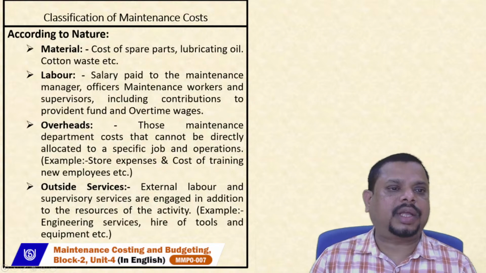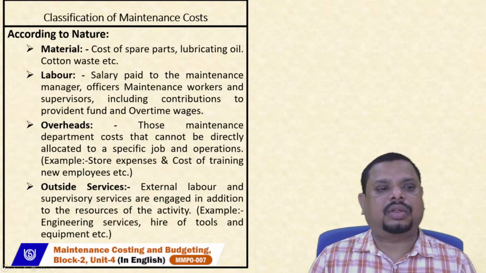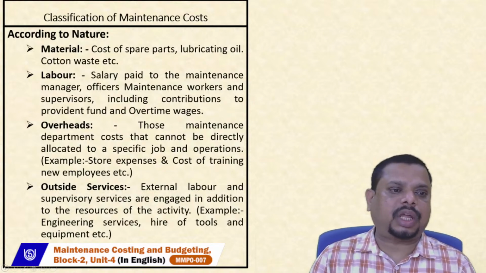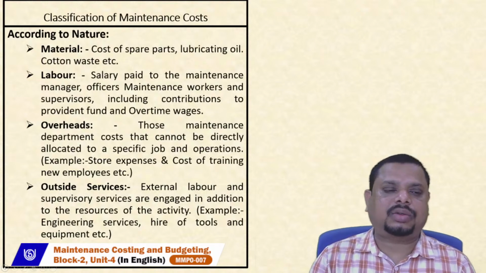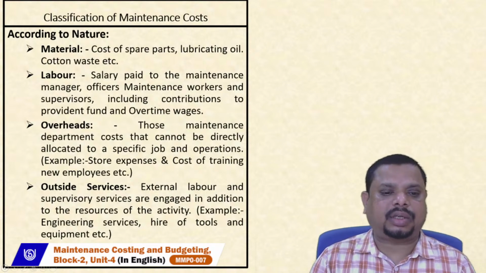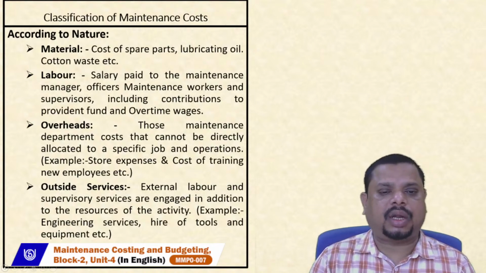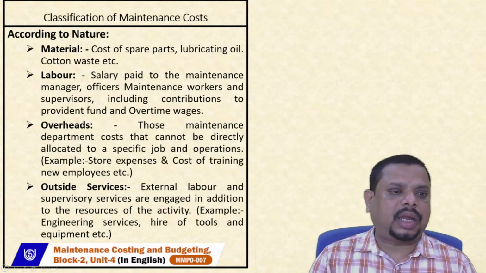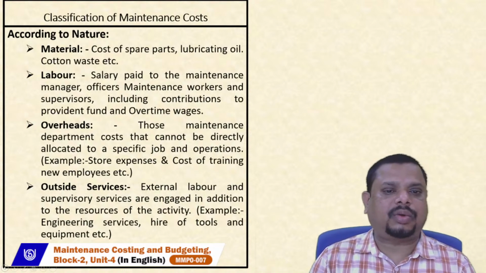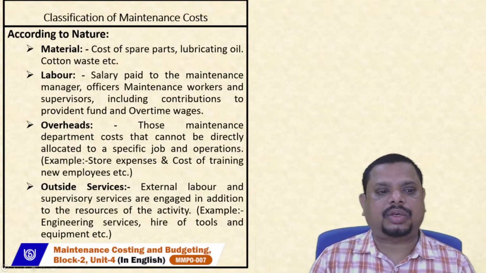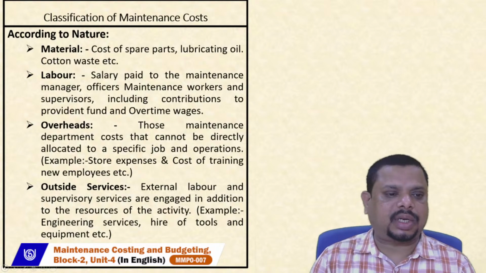Moving to next one, according to the nature, the maintenance costs are segregated into four types. The first one is material cost, the next one is labor cost, the third one we have overhead cost, and the last one we have outside services. In case of material cost, spare part cost, lubricating oil cost, and cotton cost are taken as examples here. In case of labor, the wages of your maintenance workers, maintenance manager, and their contribution towards provident fund and overtime are basically considered.